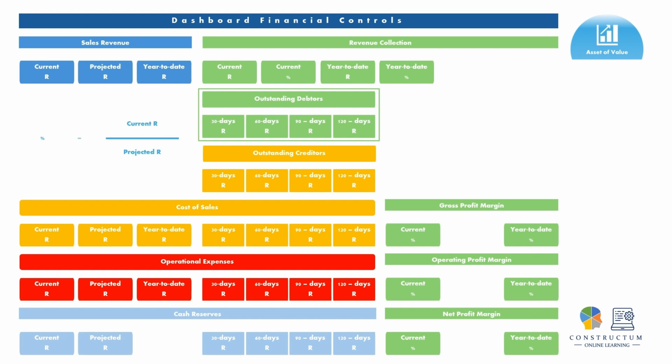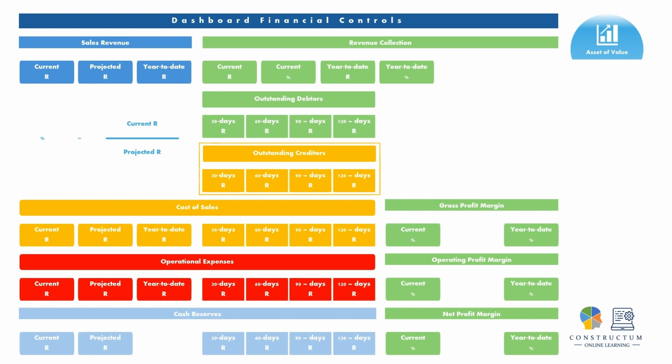The next item is outstanding creditors. How well is the business doing in terms of honoring its commitment to its suppliers? As per the creditors book age analysis, I recommend expressing this value in monetary terms and per days outstanding: 30, 60, 90, and 120 days outstanding.